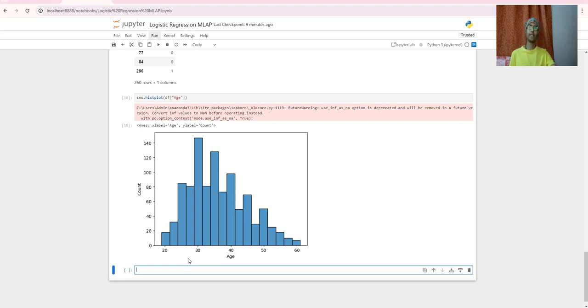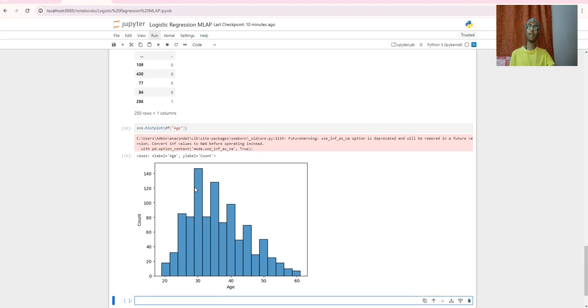Now you can see here friends, the modal age or the highest frequency age is around 30. So the data here signifies that the maximum amount of age group in this data set is around 30.